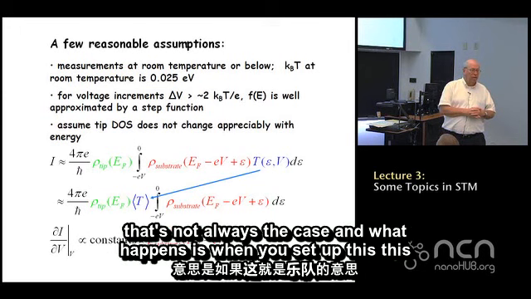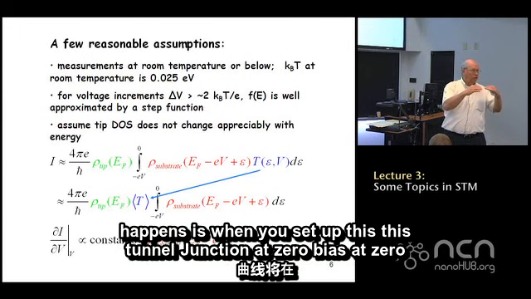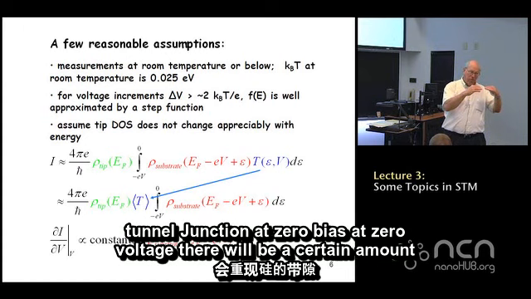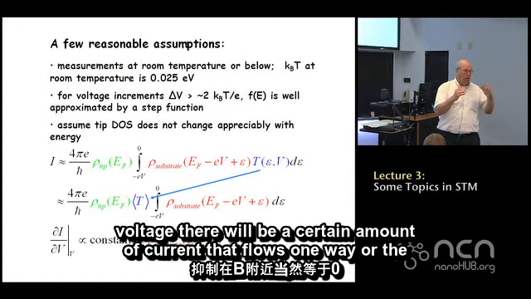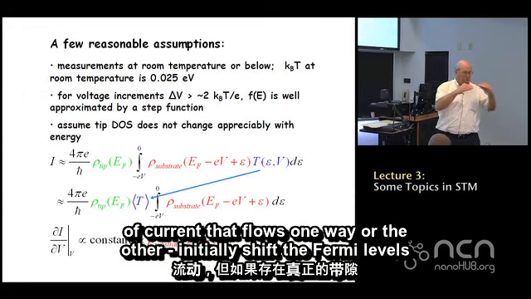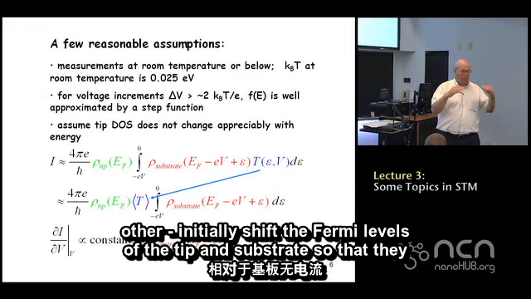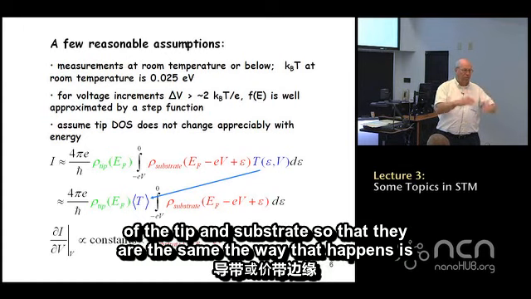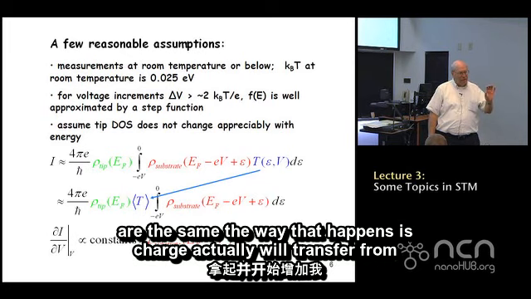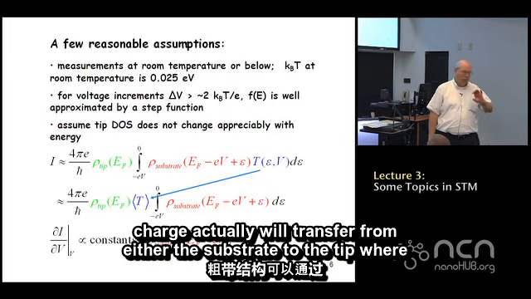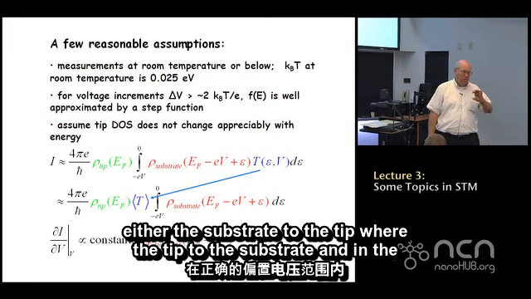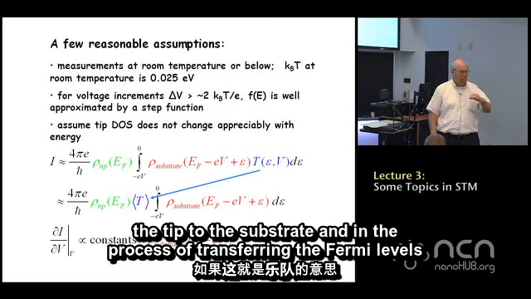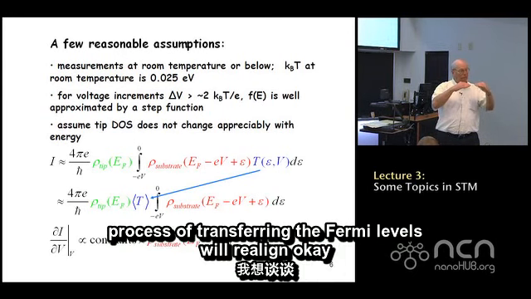And what happens is when you set up this tunnel junction at zero bias, at zero voltage, there will be a certain amount of current that flows one way or the other to initially shift the Fermi levels of the tip and substrate so that they are the same. The way that happens is charge will transfer from either the substrate to the tip or the tip to the substrate. And in the process of transferring, the Fermi levels will realign.